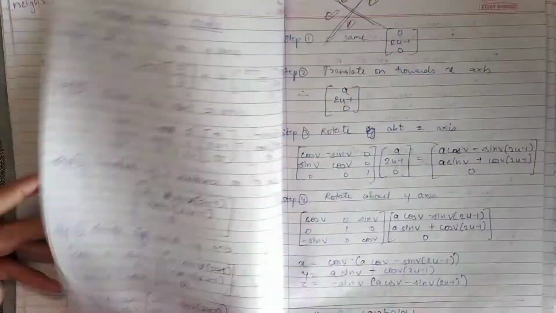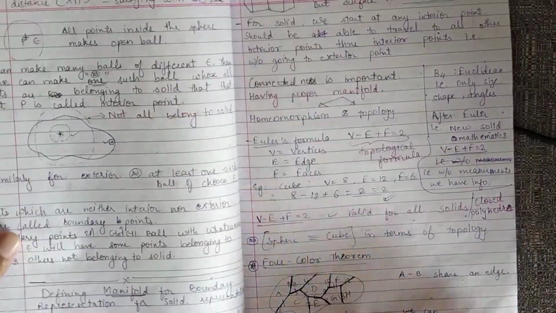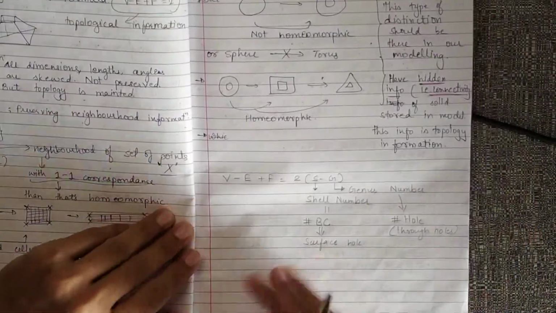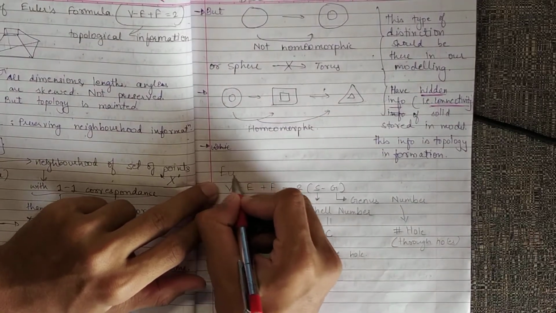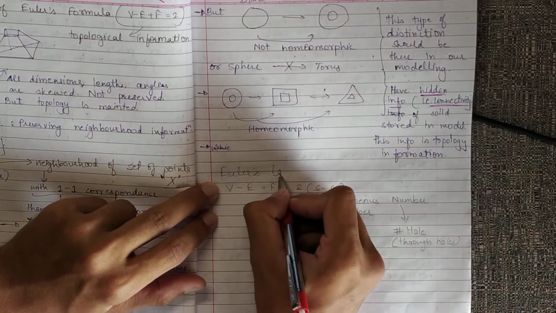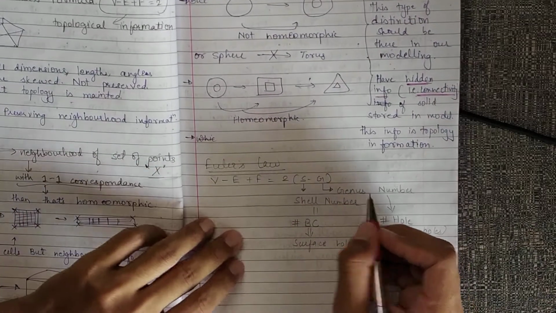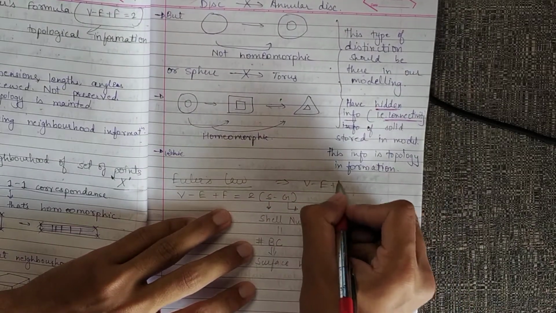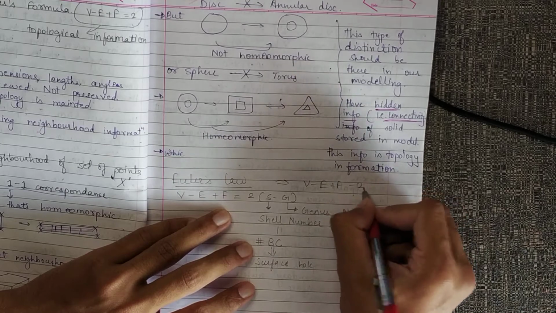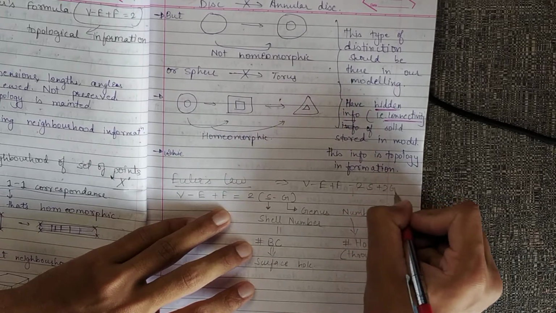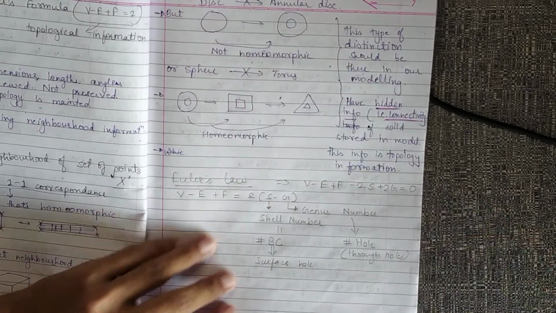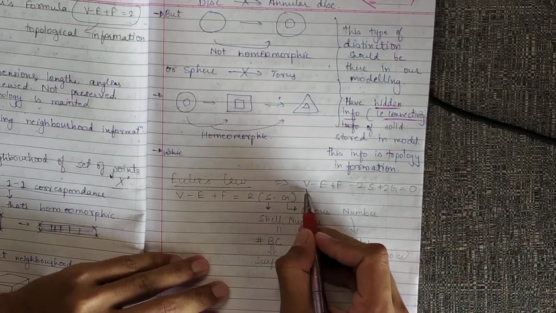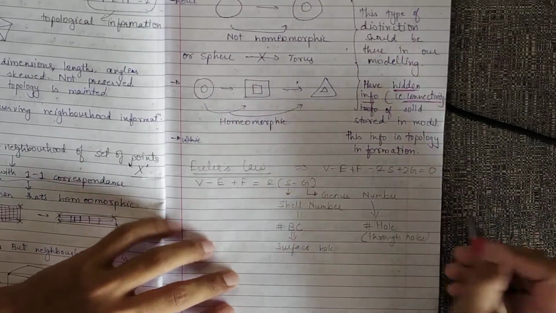So for Euler's formula, we need to understand this. This is Euler's formula, Euler's law. It can also be written as V minus E plus F minus 2S plus 2G is equal to 0. So for any kind of solid, this must be true.